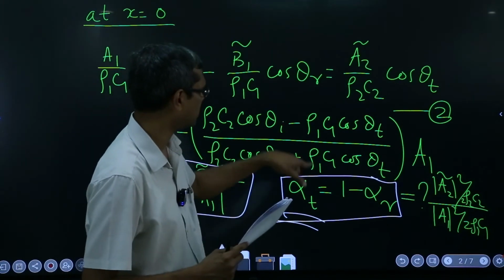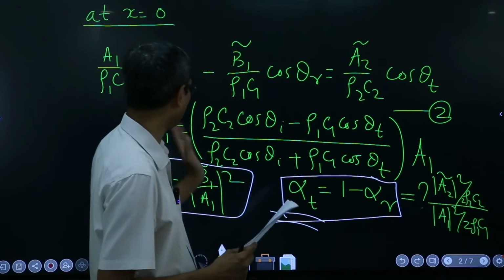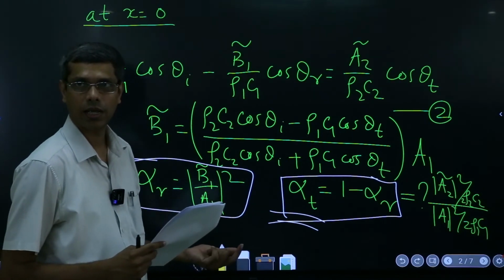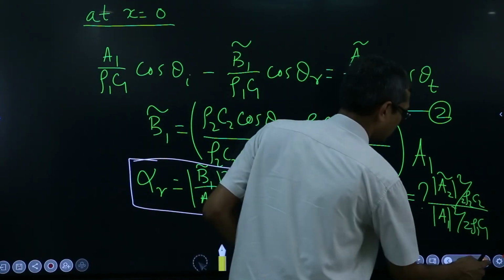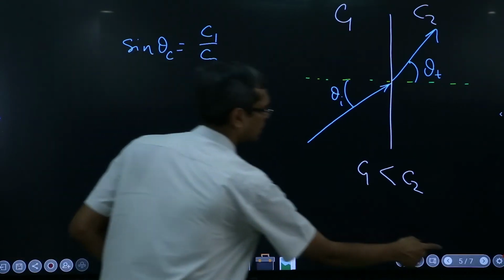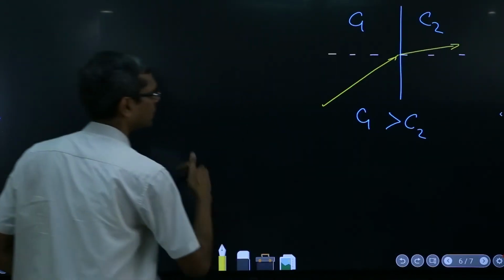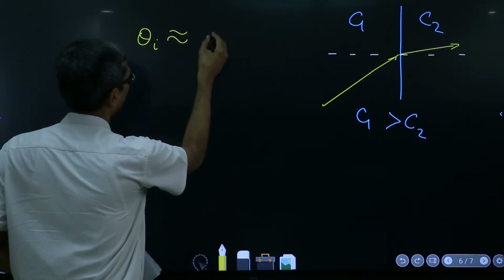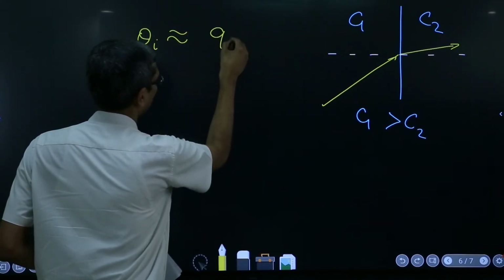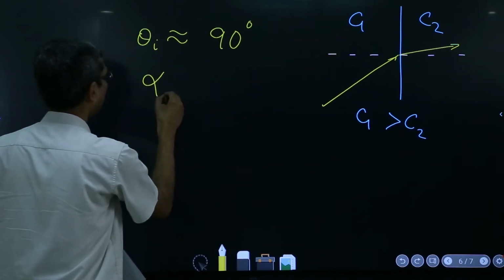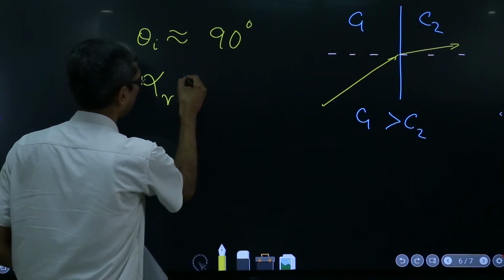You will have just this case, and your reflection coefficient, once you take the square, will become 1. So under this condition, with theta I approximately equal to 90 degrees, alpha r is almost equal to 1.